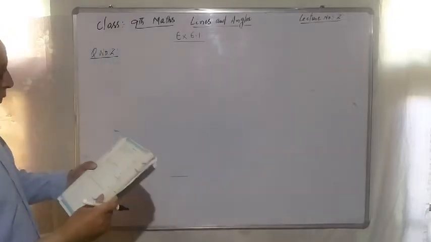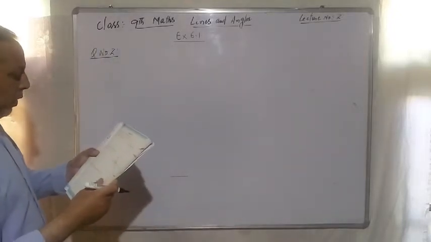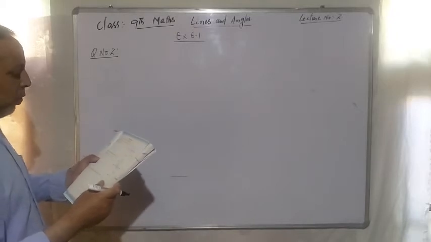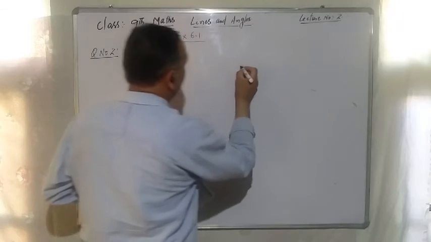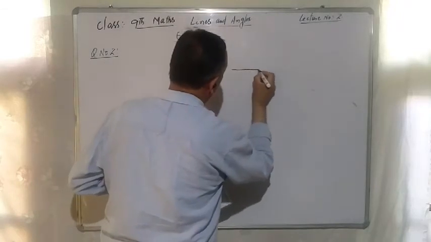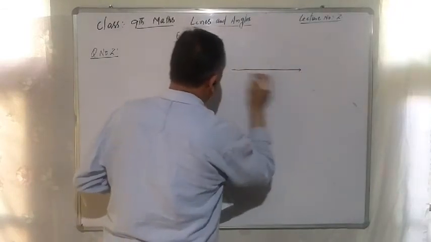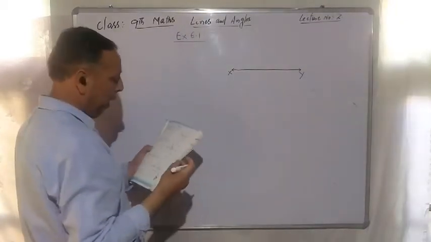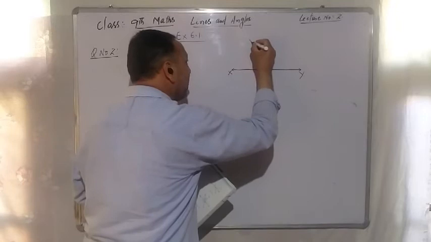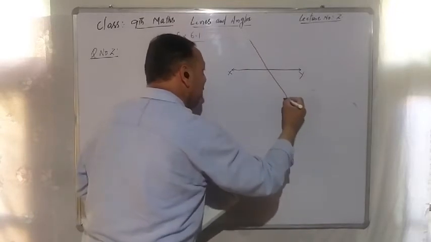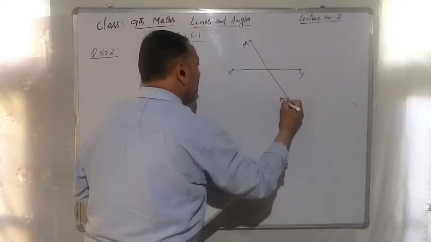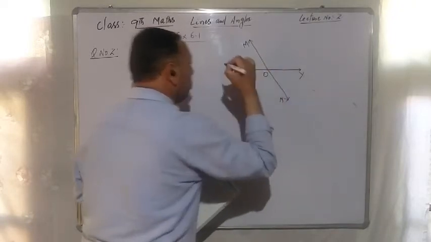Second question is that a figure is given, lines XY and MN intersect each other at O. This is line XY, and this is line MN. They intersect each other at O.